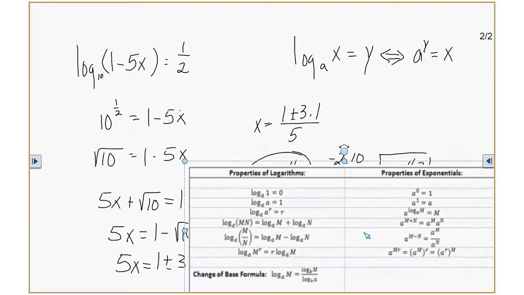And I think I gave you the last 4. The logarithm is based off the exponentials. The exponentials are on the right. You should know those from algebra 1 and 2.